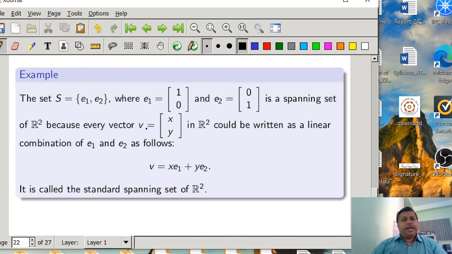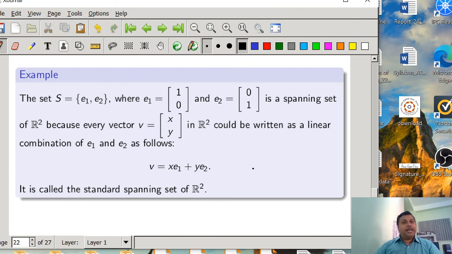So for any vector (x, y), v will be x into e1 plus y into e2. Any vector you choose from R2 will be a linear combination of e1 and e2. That's why this set S is called the standard spanning set of R2.